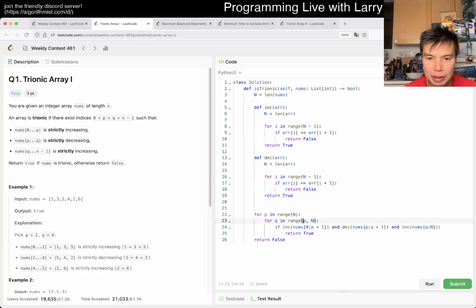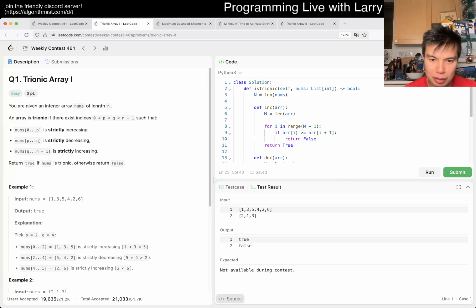P has to be, or Q has to be greater than P. So it has to at least have 2 elements. That's what it's saying. Q goes to... Q is okay, yeah.